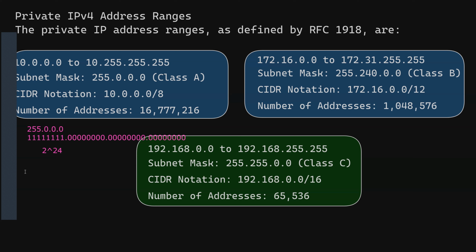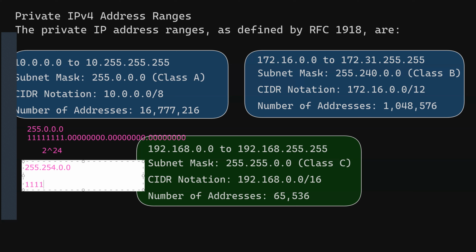So how can we present it in binary? 255 is 11111111, then 255 again, and then 0. A little bit of math is there. These are 8 zeros. Maybe I'm writing 7 zeros, but these are 8.